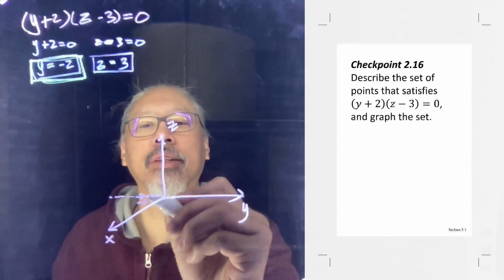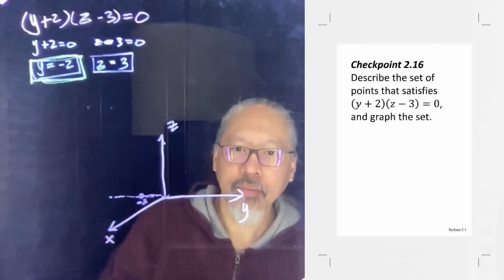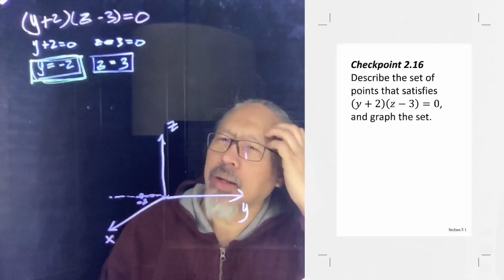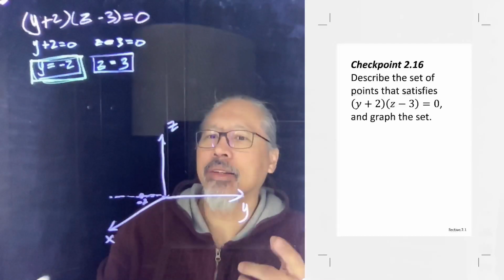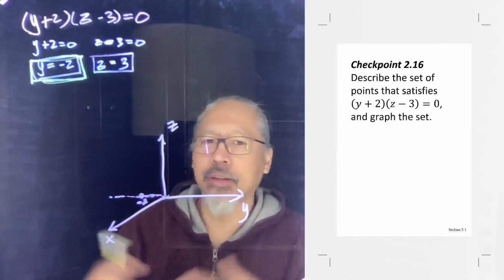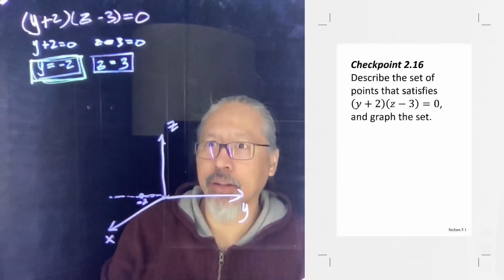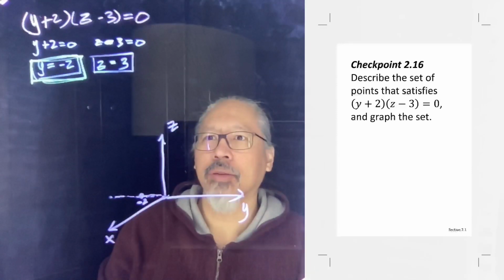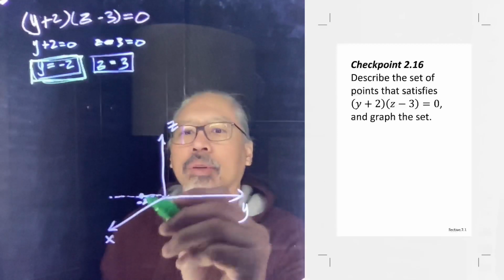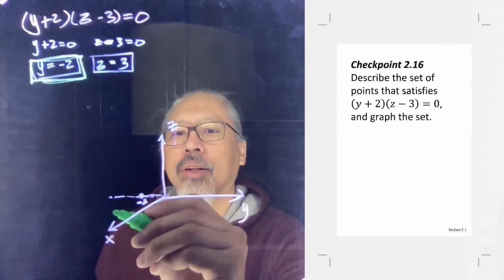Let's label that as negative 2. And what that's telling us is that y is negative 2, and it doesn't matter what x and z are equal to.